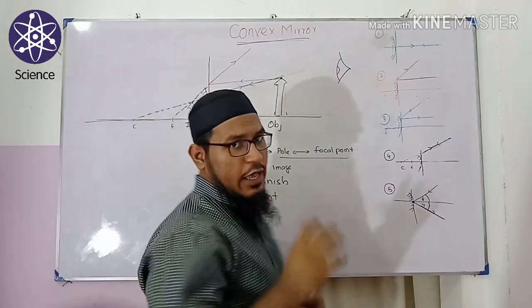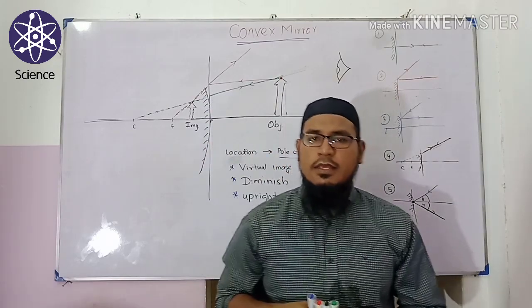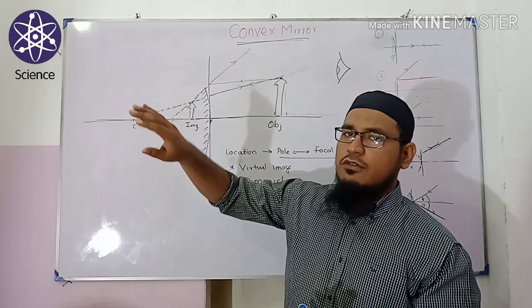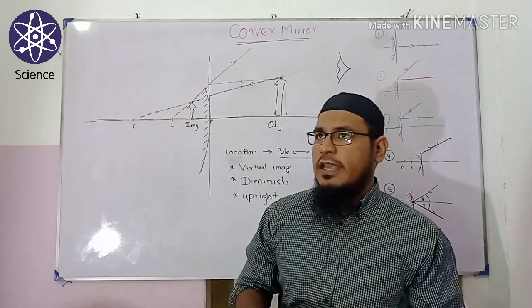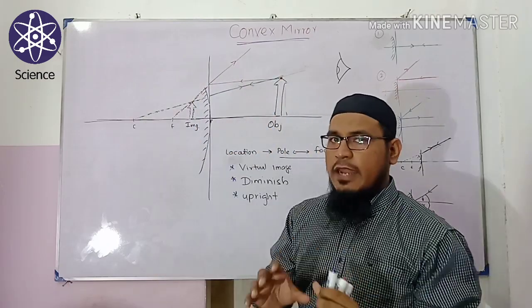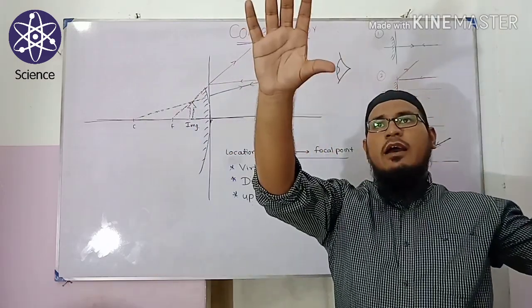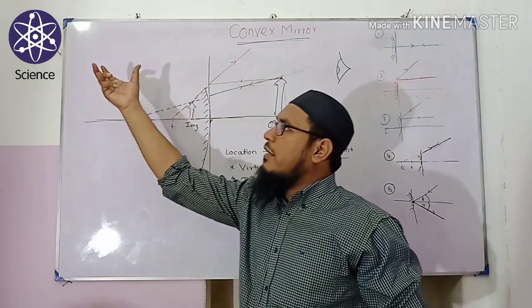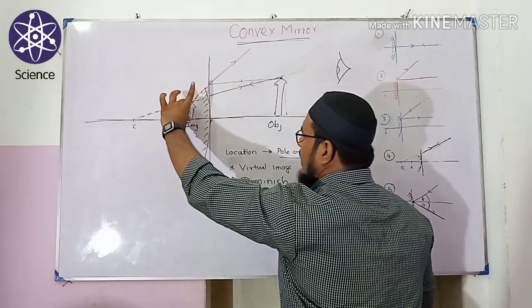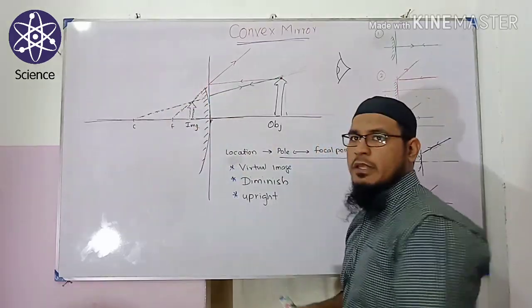supermarkets. Now we have CCTV in supermarkets, but before they did not have CCTV. Therefore, closer to the shopkeeper or the cashier, there will be a small convex mirror, so that a large area can be seen by a small mirror, because large objects will be diminished and focused on the mirror.